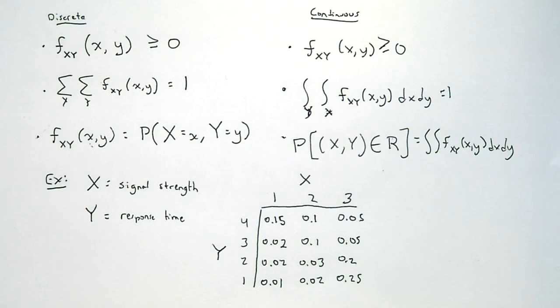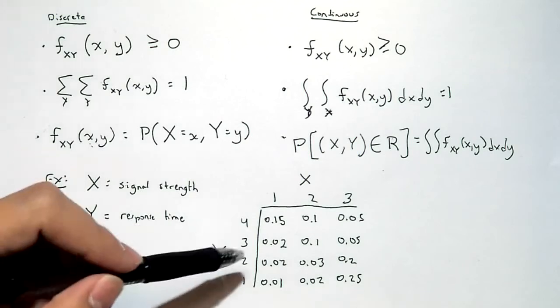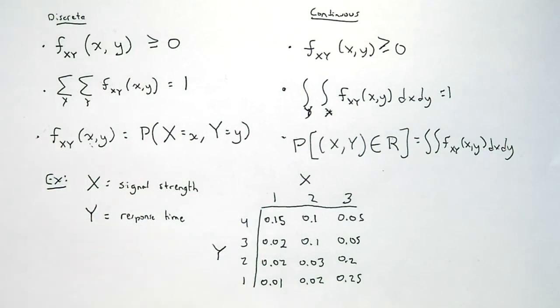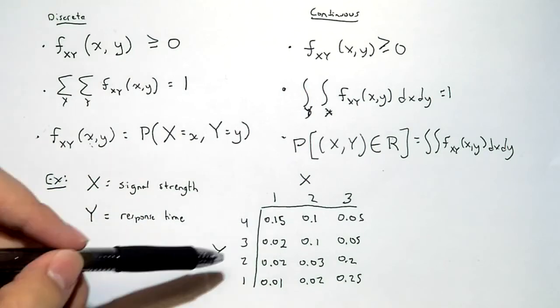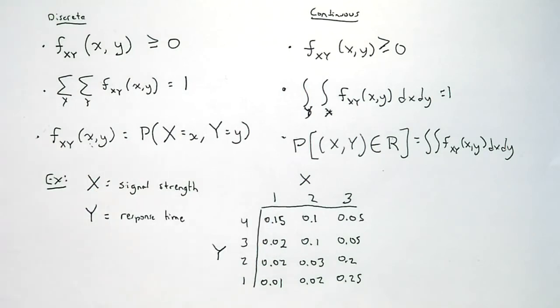My marginal probability tells me what is the probability of one individual variable occurring regardless of what the value of the other variable is. For example, I can look at this table and I can say, well, I don't care what y is. Y can be 4, 3, 2, 1, it can be whatever it wants to be. I just want to know, regardless of what y is, what is the probability that x equals 1? Just looking at this table, do you think there's any way we can figure that out somehow?